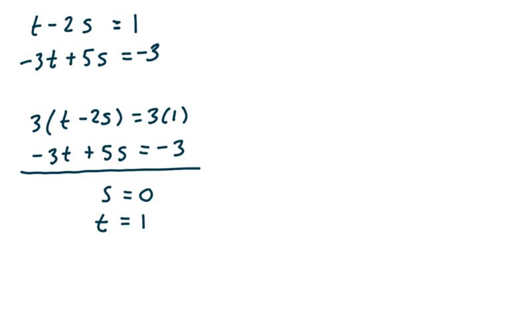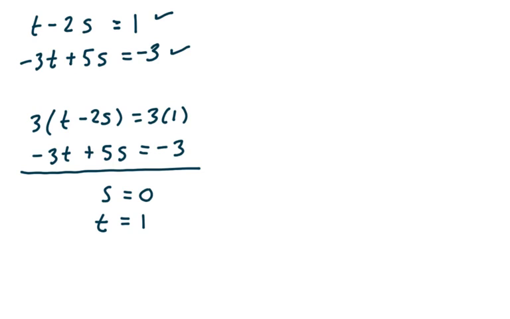t minus 2s is equal to 1, and negative 3t plus 5s is equal to negative 3. Okay? Now, I'm going to multiply the first equation by 3 and add it to the second equation.